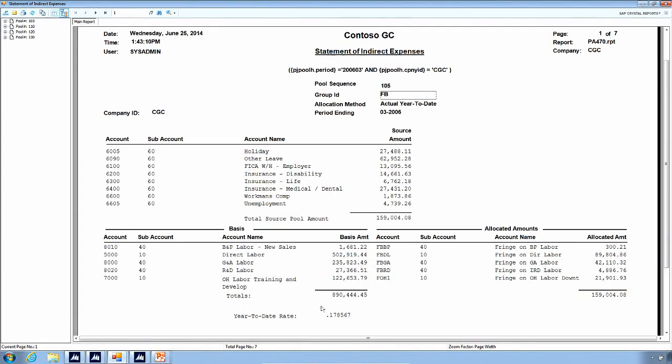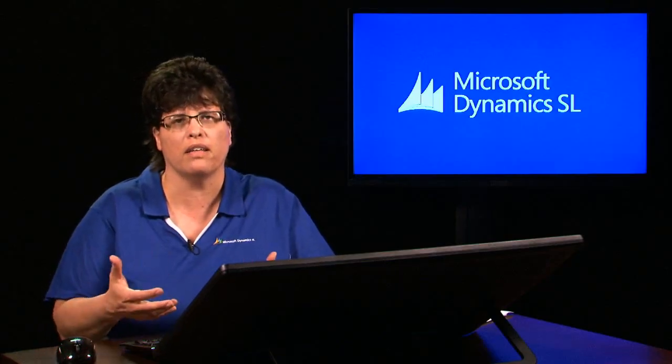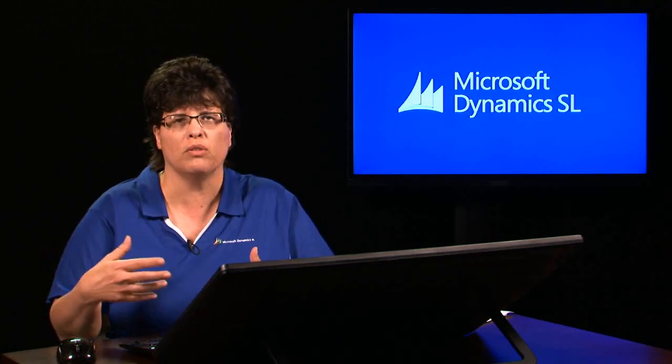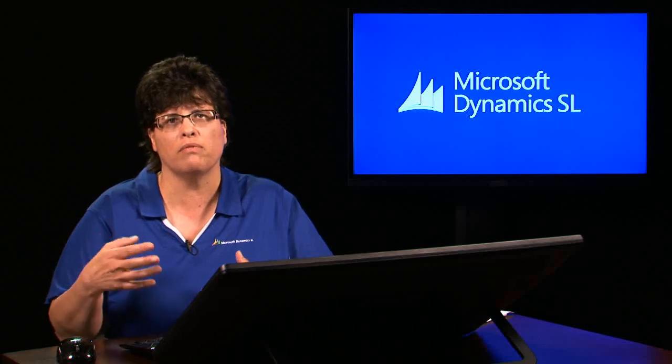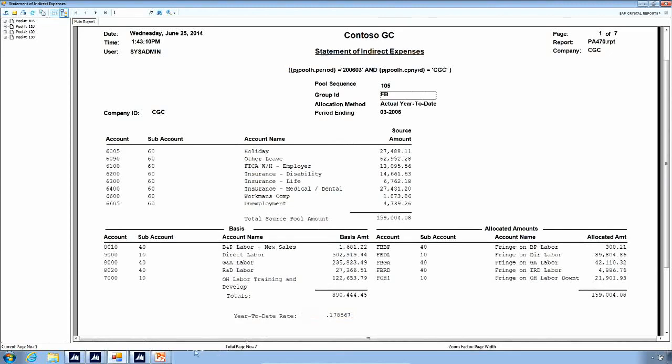My fringe rate in this instance is 17%. After the rate is calculated, Allocator will create a secondary posting. Allocator will pick up those rates, and they'll show on your job summary report when you run it for the project. It doesn't post to the project, but it's available to be seen and reviewed on the job summary report.